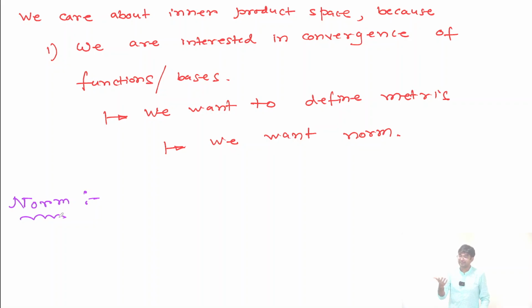A norm of a vector, what does it mean? Length. Because it's a vector, you are talking about length. For a function, that length will become magnitude. How big that function is, how small that function is, intuitively you can think of that. So norm defines how big a function is or how small a function is. So it defines the magnitude of a function, right?